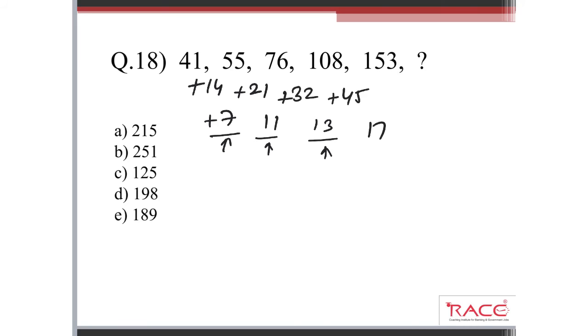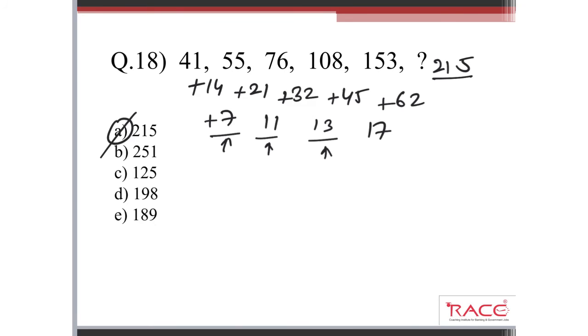Next will be 17. So 17 plus 45, 45 plus 7, 52 plus 10, 62. So if I add 62, 3 plus 2, 5, and 15 plus 6, 21. So 215 will be our answer, option number A.